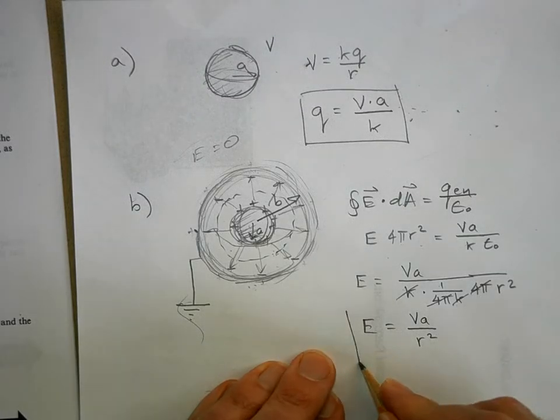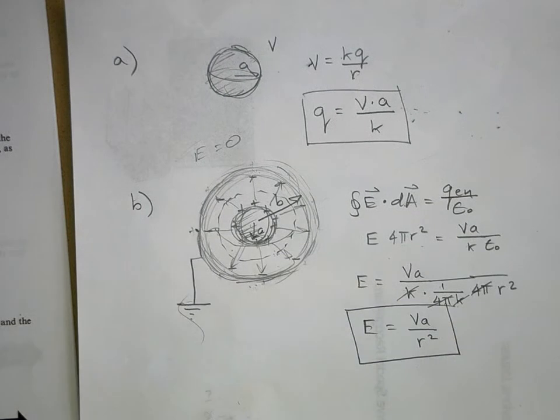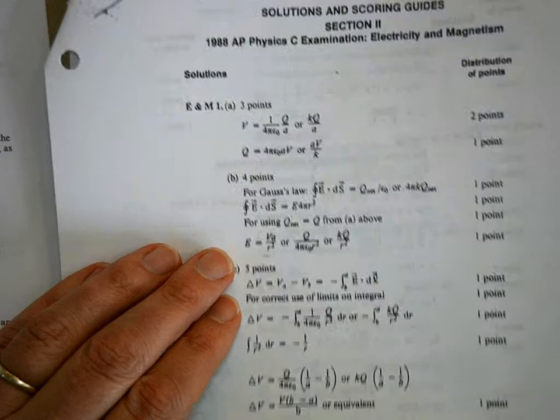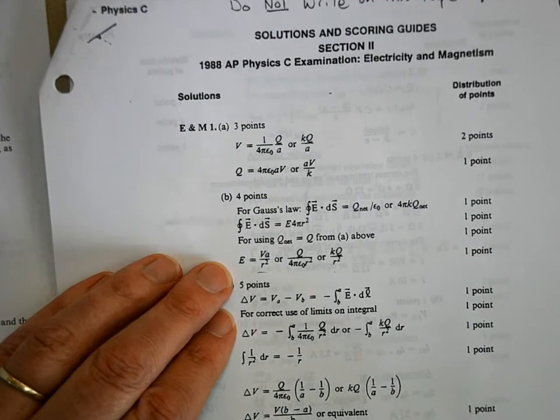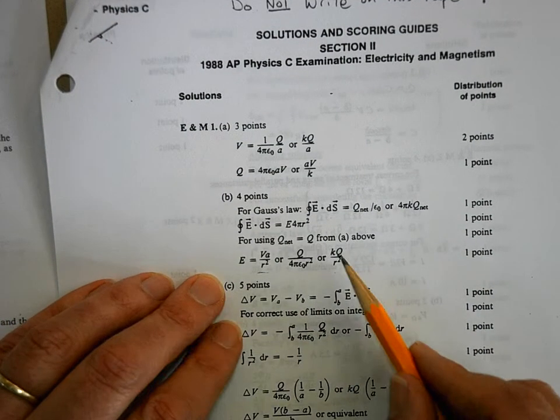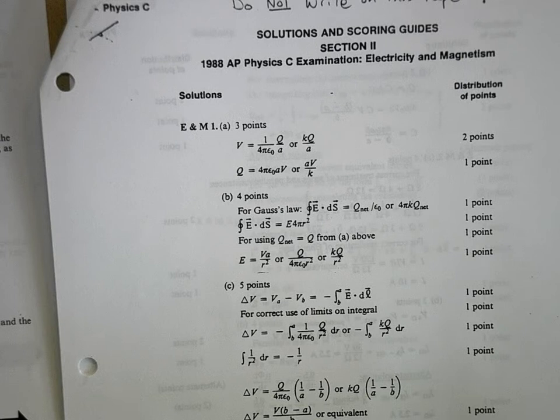So that's your expression. Now when I'm looking at the solution guide here, the solution guide is pretty forgiving because they let you do it KQ over r squared. They give you full credit for that because why?